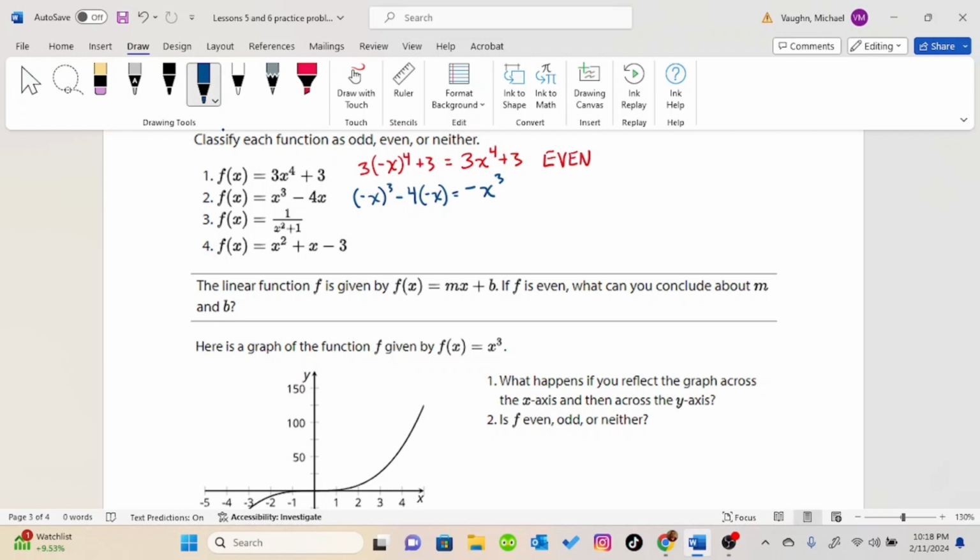And a negative times a negative is going to be a positive 4x. So I have the opposite. Instead of x cubed, I have negative x cubed. And instead of minus 4x, I have plus 4x. Since they are exact opposites, number 2 is odd.